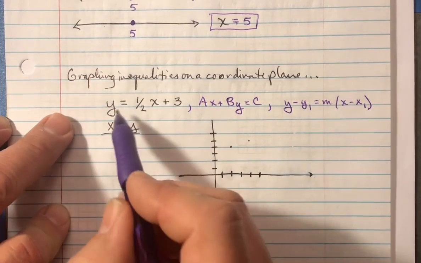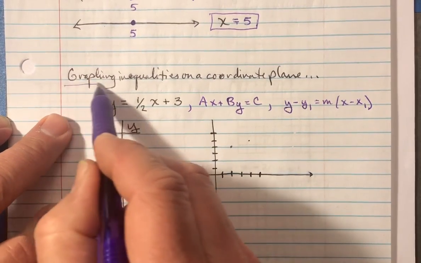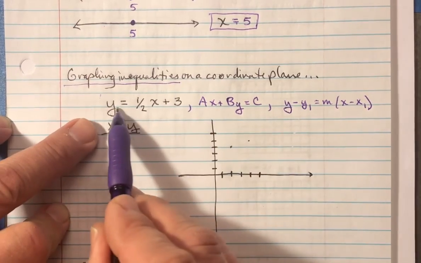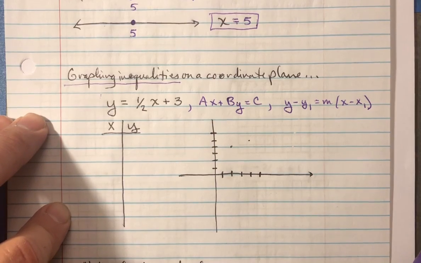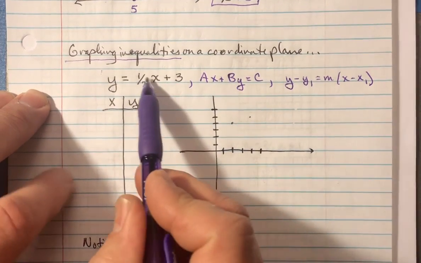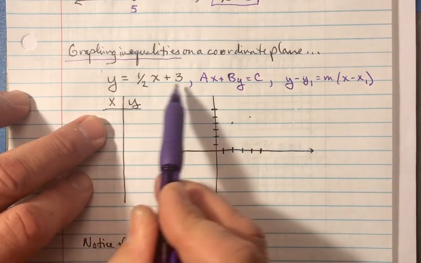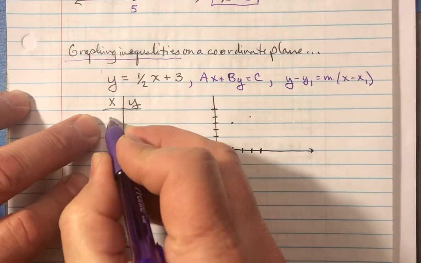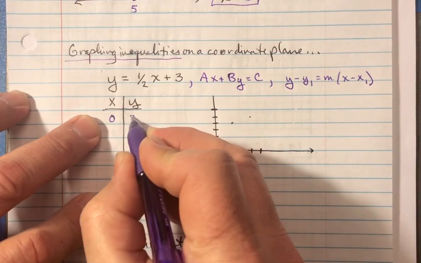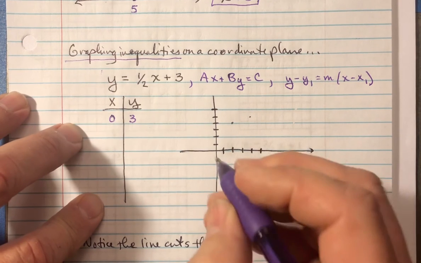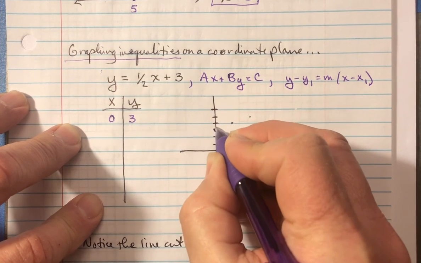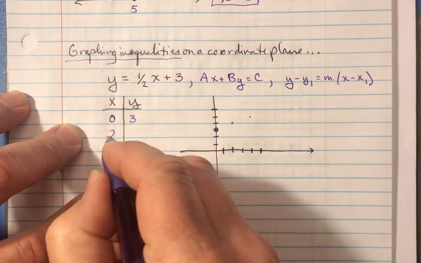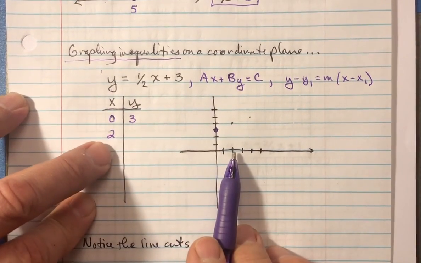However, what we're looking at now is graphing inequalities. But this is clearly an equality or an equation. And some values in a table that might make this statement true could be 0, 3, and if I graphed it on my coordinate plane, 0, 3, 2, and you might say, well, why did I choose a 2?